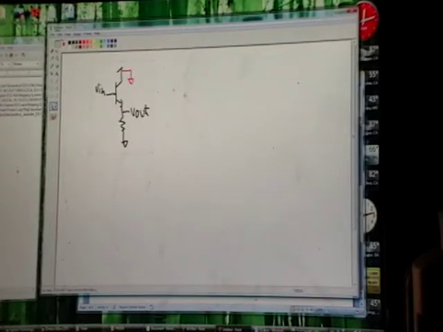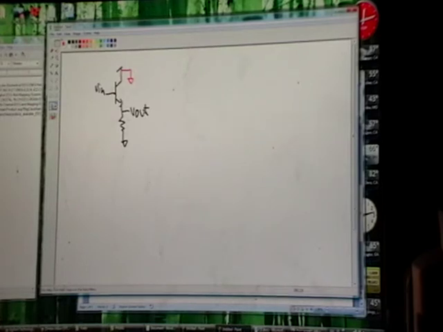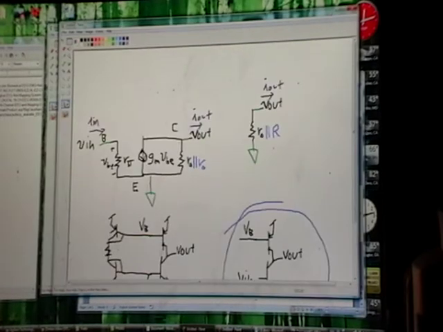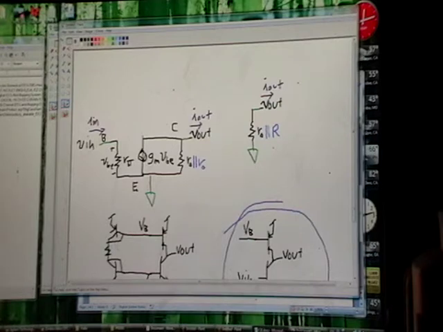Okay, and then to do the small signal analysis, you need to replace your transistor with that small signal model, which we have over here. Instead of having me draw it again, it's probably easier to go over to this one.